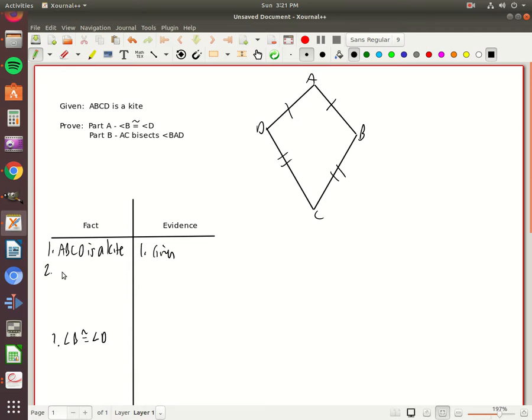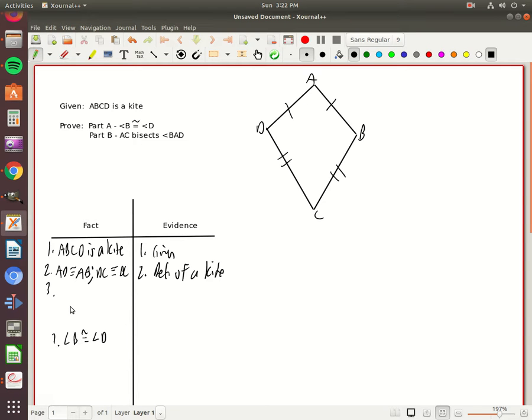I get to say AD is congruent to AB, and I also get to say that DC is congruent to BC, because that's the definition of a kite. I get those congruent sides there.